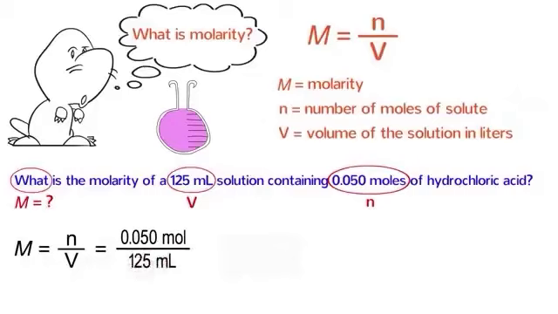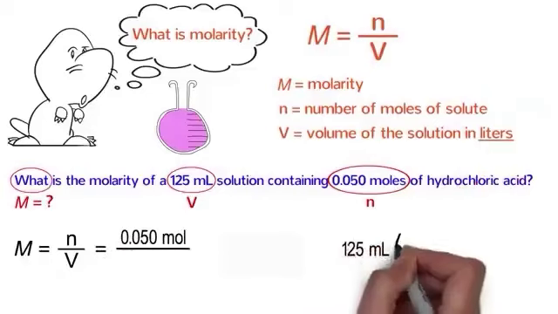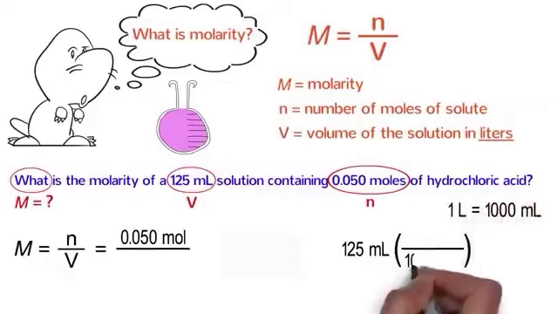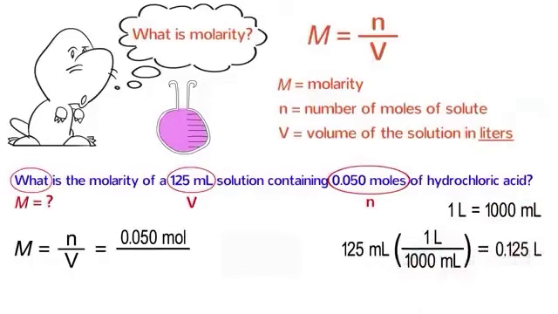But you have to change the 125 milliliters to liters by dividing, which gives 0.125 liters. So 0.05 divided by 0.125 gives 0.40 moles per liter. That's how you do the computation using our simple formula. Just always look for what is required, and it becomes very easy to get your molarity.